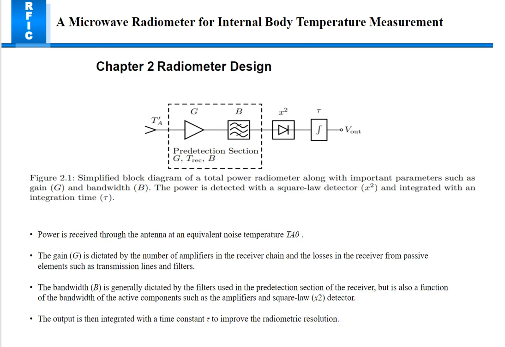The gain is determined by the number of amplifiers in the receiver chain, and losses in the receiver from passive elements such as transmission line and filter. Then the output is integrated with the time constant tau to improve the radiometric resolution.